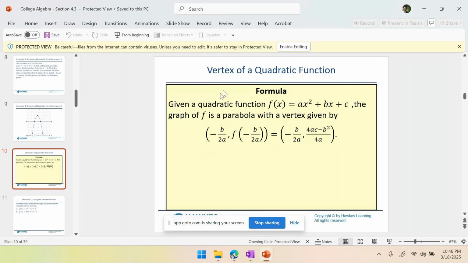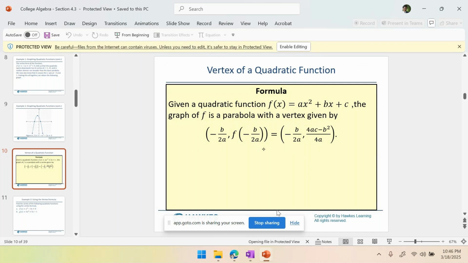And then we discussed this vertex formula. So basically, if you have a quadratic function, write down these a, b and c values accordingly, and this or this will give you the vertex.